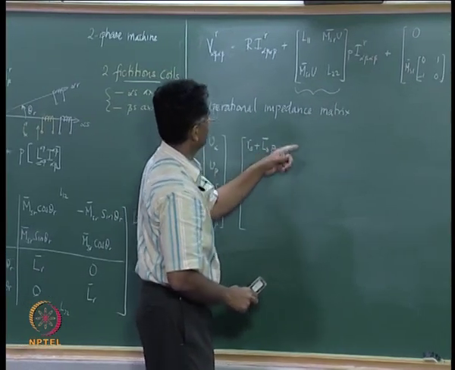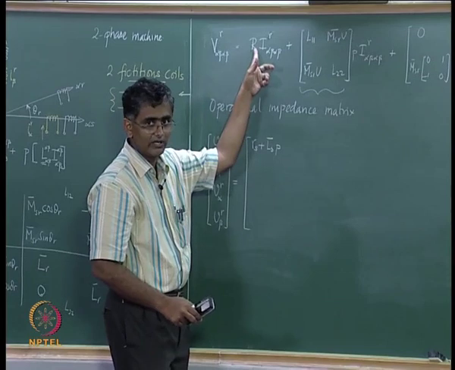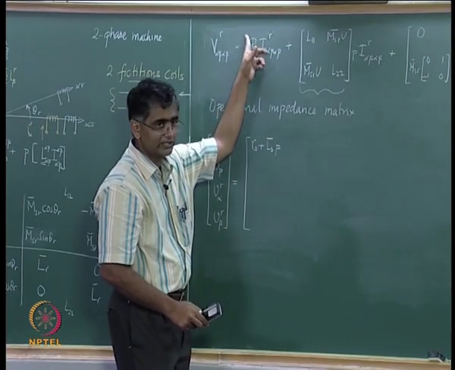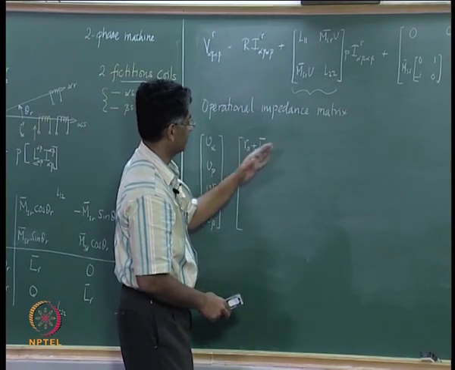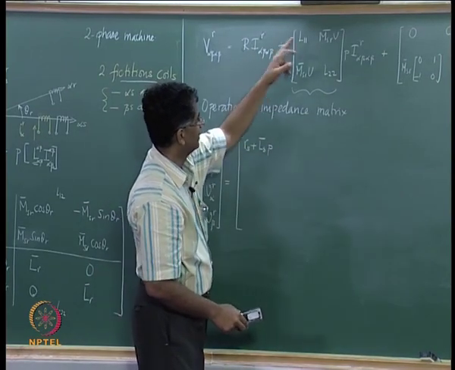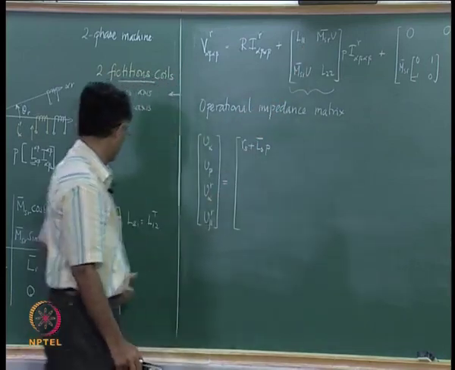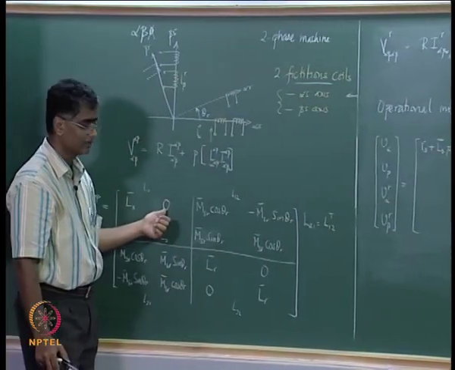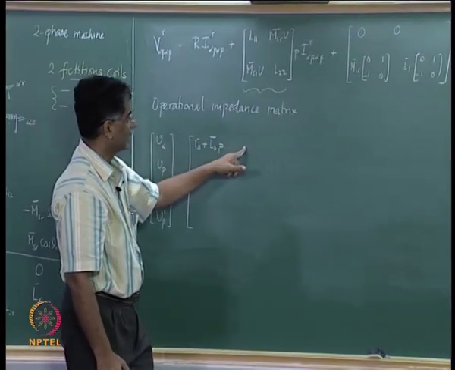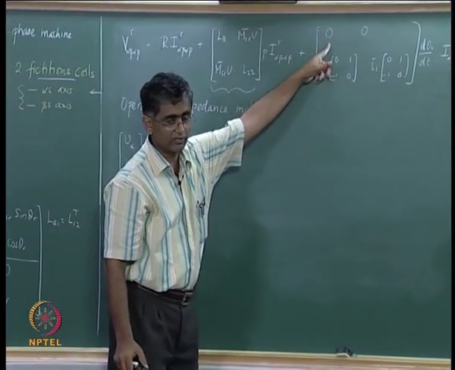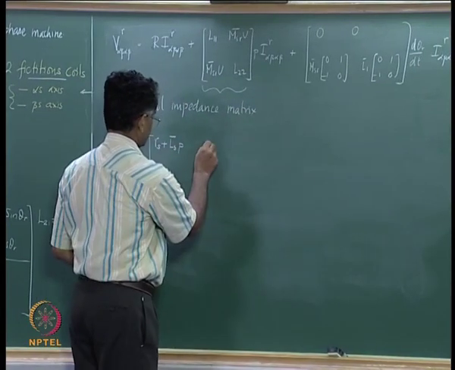Then the second term here will not have any entry, the resistance has entries only along the diagonal, off diagonal entries are 0. So, there is nothing due to the resistance. Here also there is nothing, the 1 2 element is 0. So, the second term would again be 0, and then there is nothing coming from here as well, therefore, this term is 0.